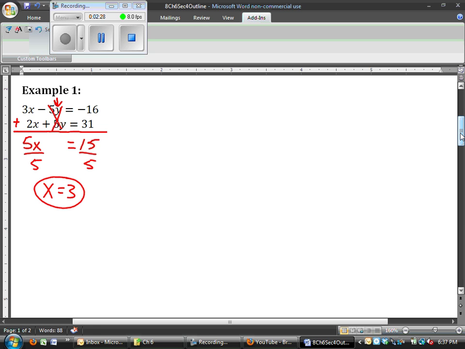Now, just like with substitution, I then have to take this 3 and plug it back into one of my equations. I'm going to choose the bottom one because it has positives and it has smaller numbers. So I'm going to plug that back in there. So I'll have 2 times 3, because I plugged in 3 for x, plus 5y equals 31.